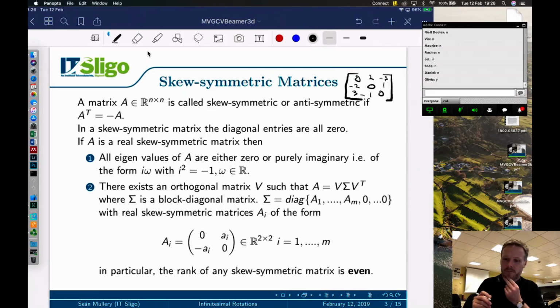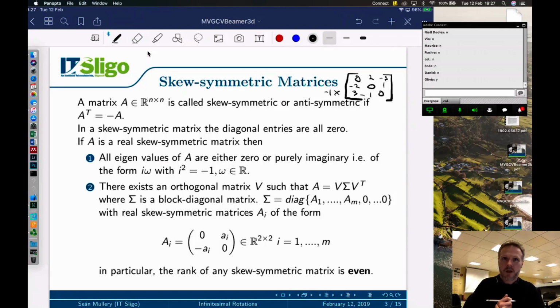So you can see that if you transpose it, you end up with the negative of the original matrix, which is the same as multiplying this matrix by -1.